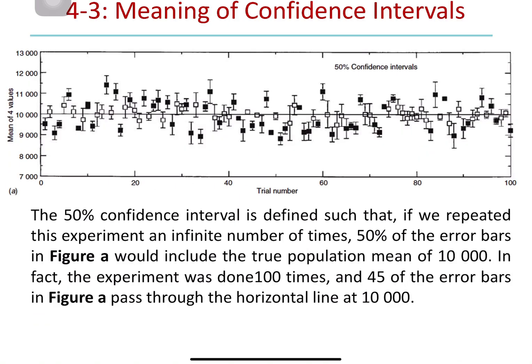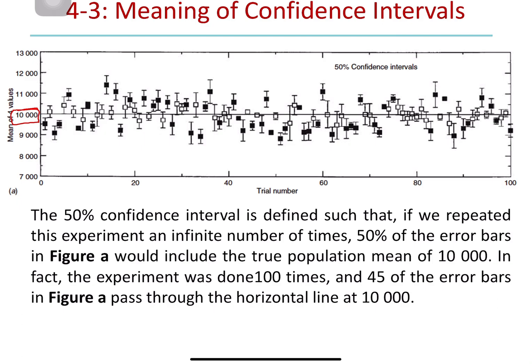The meaning of the confidence interval, let's have a look at this figure. Try to understand more what is meant by the confidence interval. So this is an experiment. We ran an experiment like 100 times, okay? And we calculated the 50% confidence interval for all our experiments. If we repeat an experiment an infinite number of times, then this is the true mean of our calculation, which is 10,000.